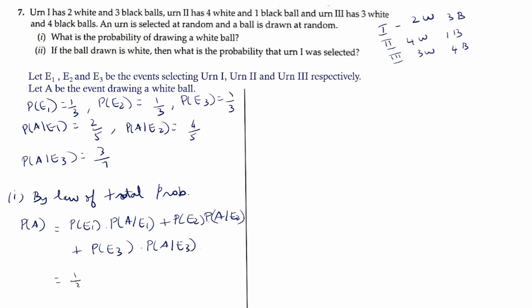So this is equal to 1 by 3 into 2 by 5 plus 1 by 3 into 4 by 5 plus 1 by 3 into 3 by 7.